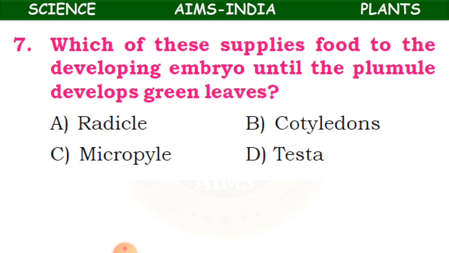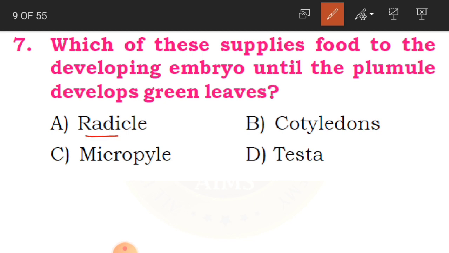Which of these supplies food to the developing embryo until the plumule develops green leaves? Our options are radicle, cotyledons, micropyle and testa. We have already learnt about radicle and cotyledons.